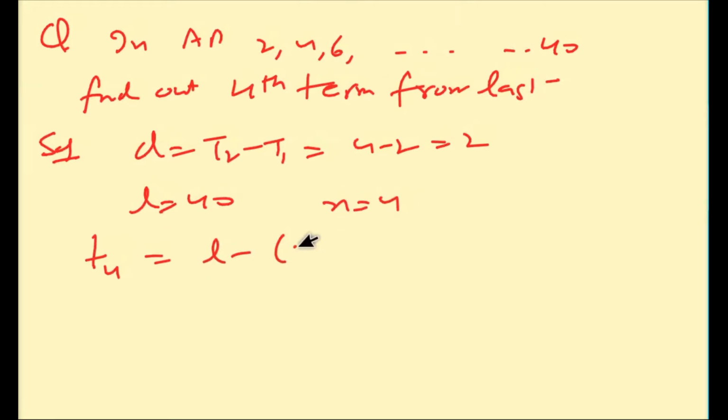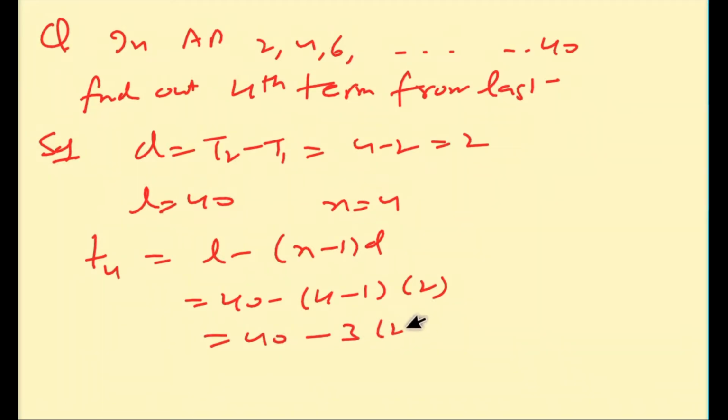L minus (n minus 1)D, where L is 40, n is 4 and D is 2. So 40 minus 3 into 2, 40 minus 6 equal to 34. So it is 34 from last. You can check: 40 minus 2 is 38, 38 minus 2 is 36, 36 minus 2 is 34, and counting, that is the fourth term from last. Okay, student, are you understanding?